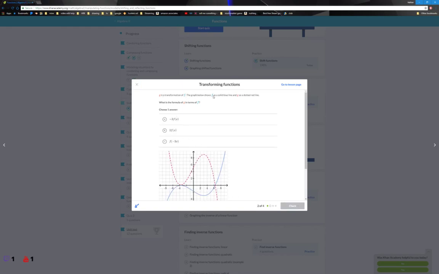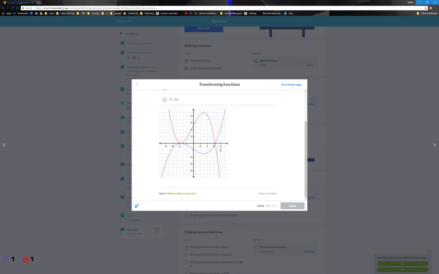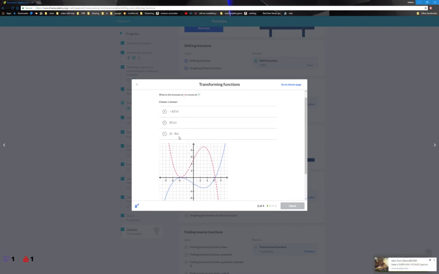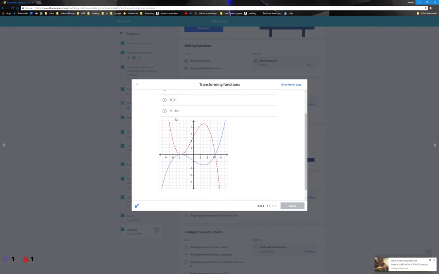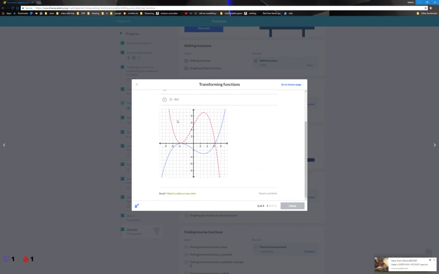So g is a transformation of f. The graph below shows f as a solid blue line and g as a dotted red line. So it obviously starts out as a reflection, so it's going to be a negative before f, and it also is stretched.